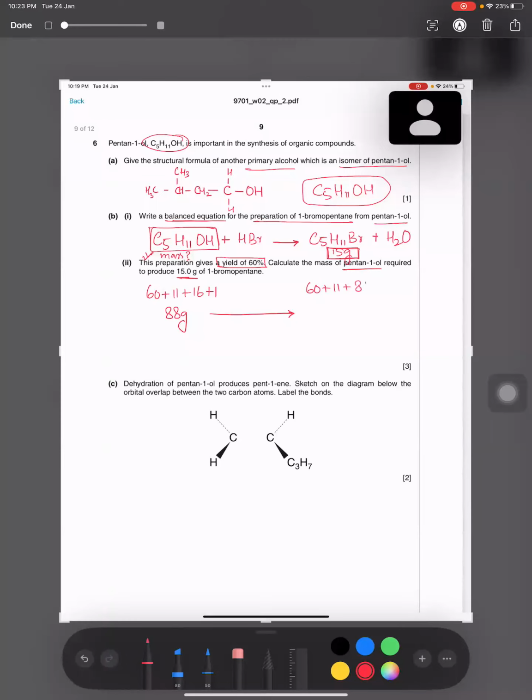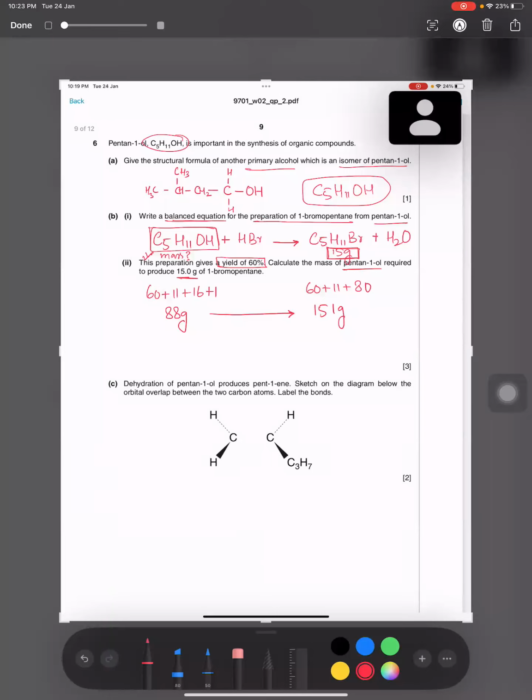So let me consider 81 over here. आप इसको 80 कंसीडर कर लें, average वाला कंसीडर कर लेते हैं. Total 60 and 80, 140, 151. So according to the equation, if you have 88 grams of pentanol, it would produce 151 grams of bromopentane, right?